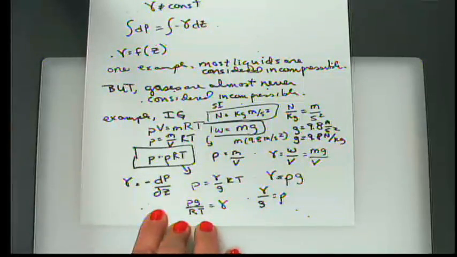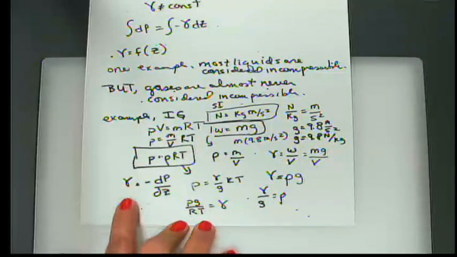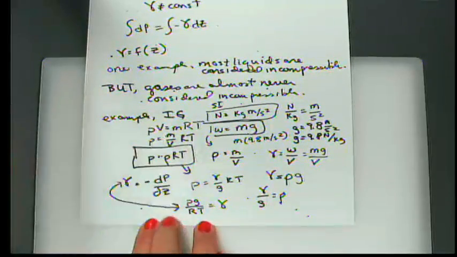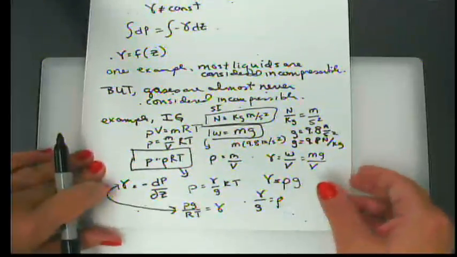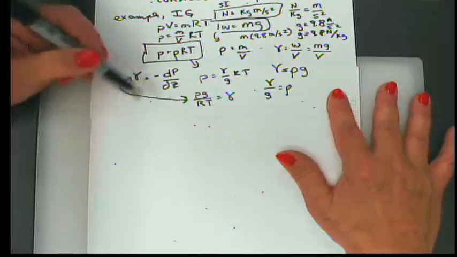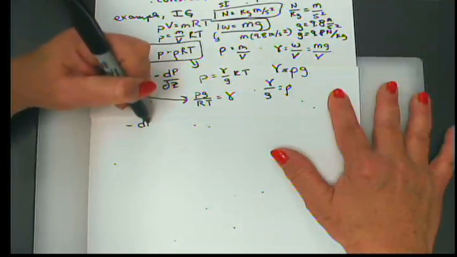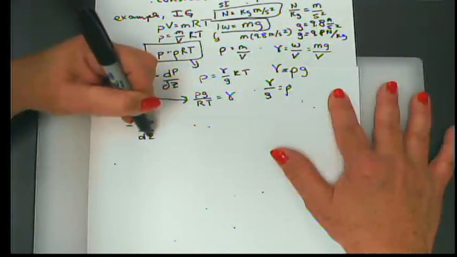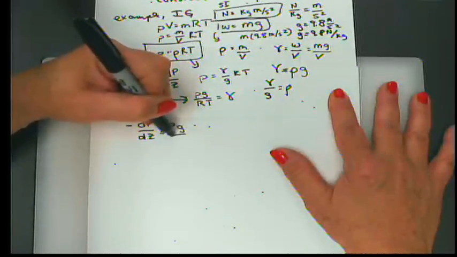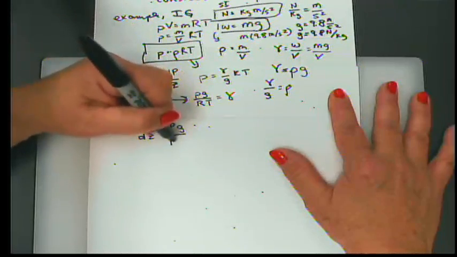All right, now what I have is two equations that are both equal to gamma. So using the transitive property of mathematics, I can set those two equal to each other and write the equation as negative dP over dz is equal to PG over RT.